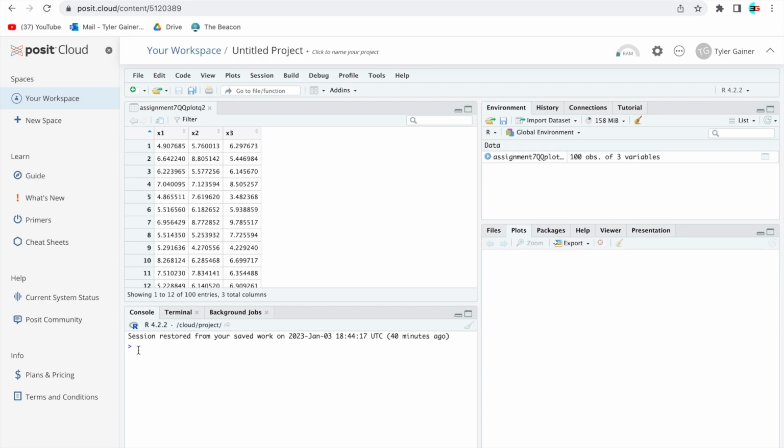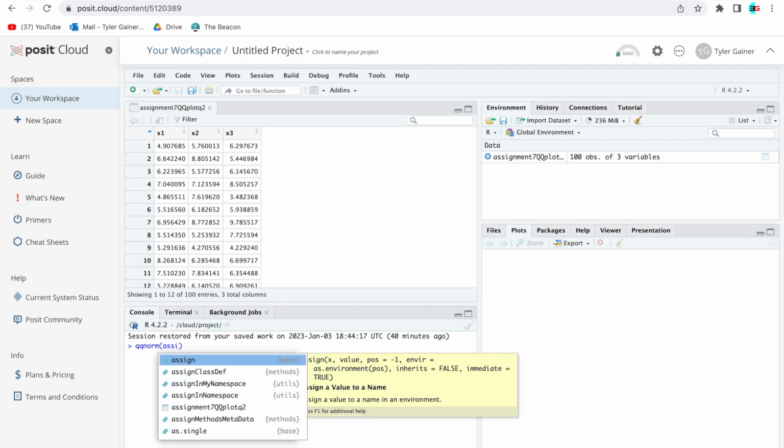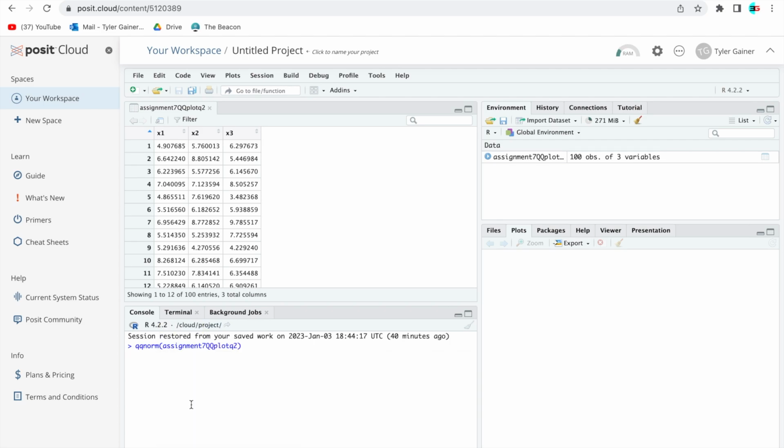What we did here is we got our data into RStudio, and this is our assignment 7 QQ plot data, all these numbers. The first thing we're going to do is use the qqnorm function. We would type qqnorm, open parentheses, and then tell it what data we want, so it would be assignment 7, then a $ sign to tell it what variable from the data, and then we want x1.